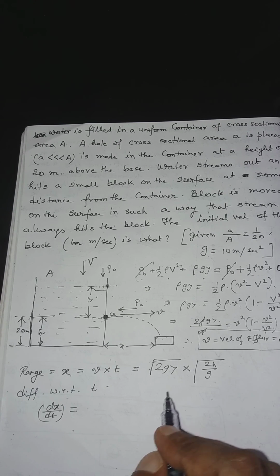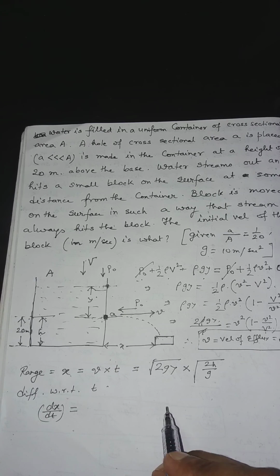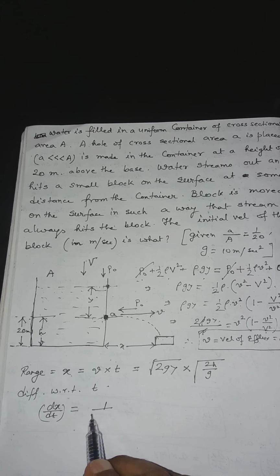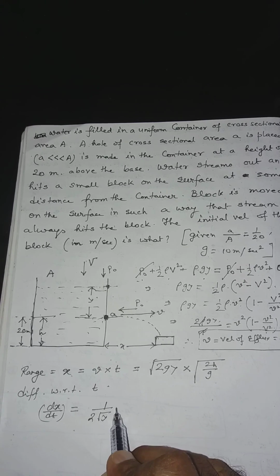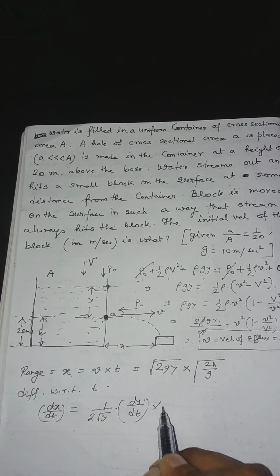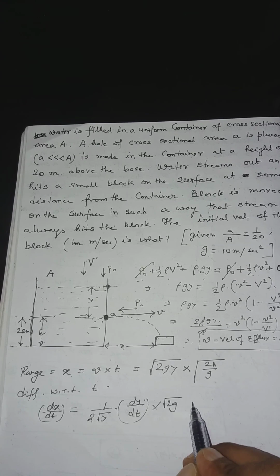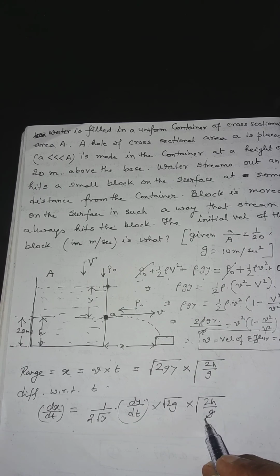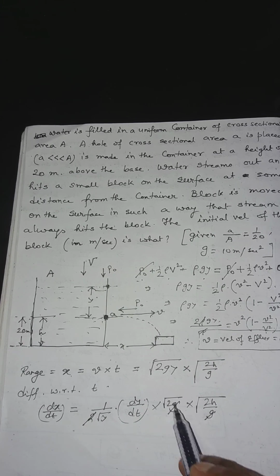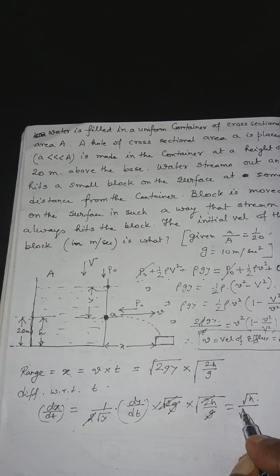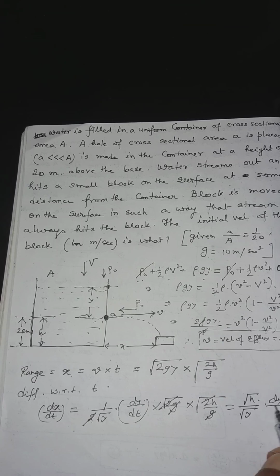Ultimately you will get 1 by 2 into root y into dy by dt, and here it will be root over 2g into root over 2h by g. Strike out all this portion. Here it is root 2 and root 2, you have to strike them out. So you will get root h by root y into dy/dt.